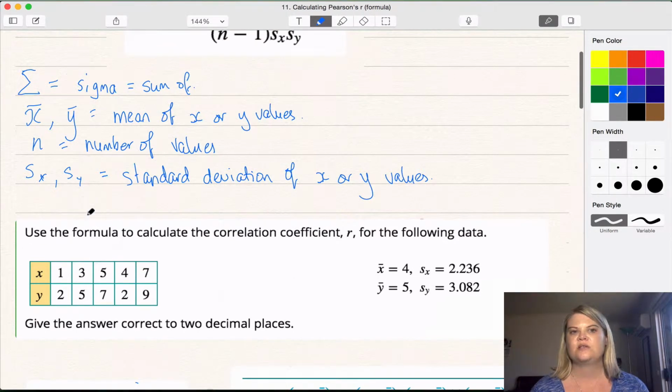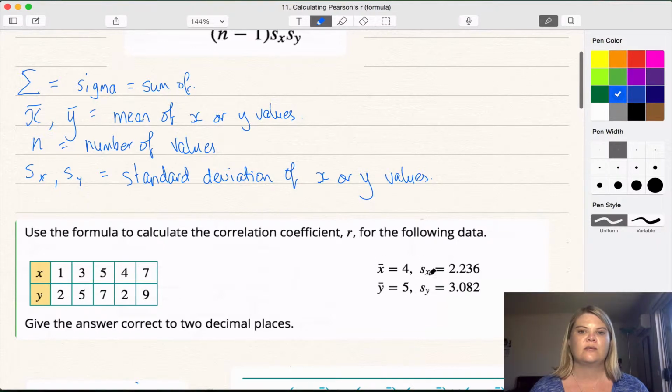The question says, use the formula to calculate the correlation coefficient for the following data. You've only got a few data points, which is lucky because you wouldn't want to do this with like 100 data points. It would take forever. They've already given you the X bar, the Y bar, the mean of the X values, the mean of the Y values, and the standard deviations of the X values and Y values.